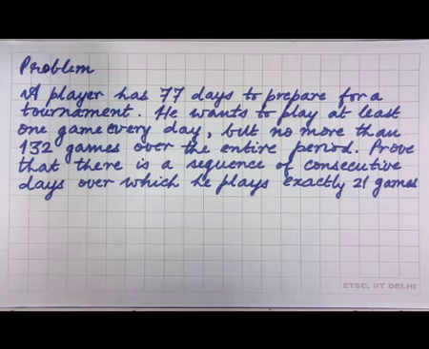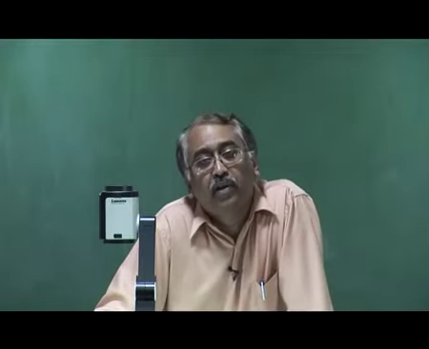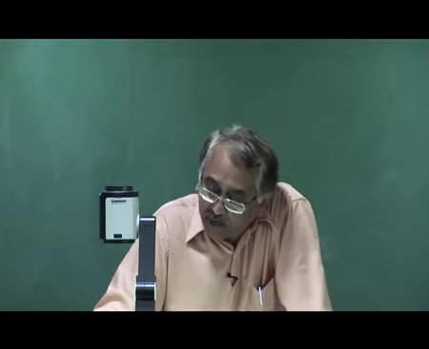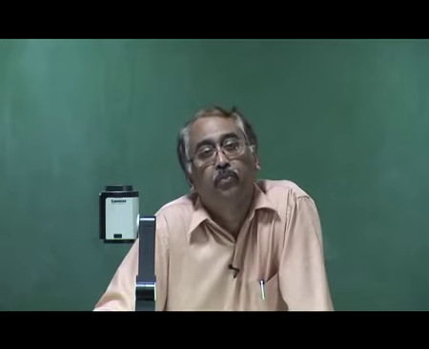So again, the restrictions are that he has 77 days of preparation. On each day of the preparation, he plays at least 1 game. On the other hand, at the end of 77 days, he should have played no more than 132 games.